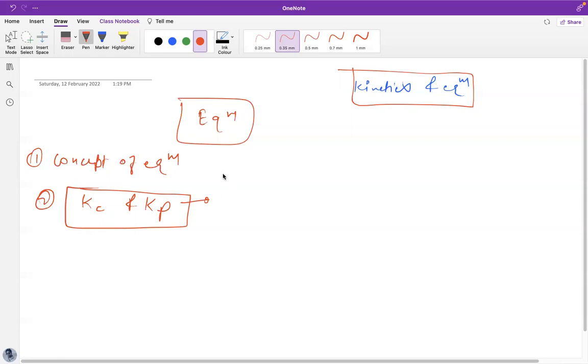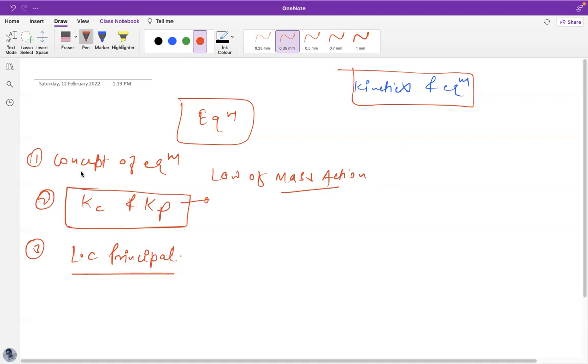And third, I will discuss Le Chatelier's principle. And one more thing, law of mass action. So let's start with the concept of equilibrium first.